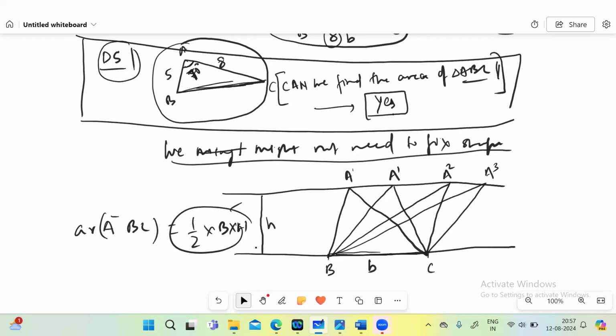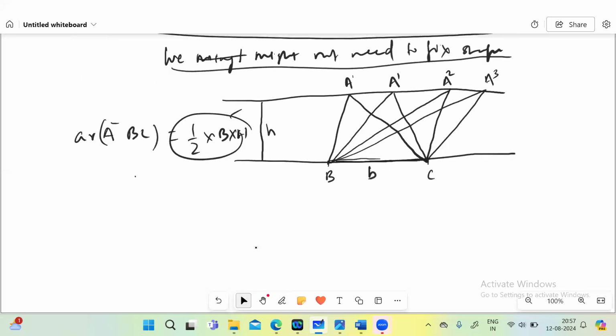So you'll remember that in these cases, you don't even have to fix the shape of the triangle. If such a situation is there, you can find the area.